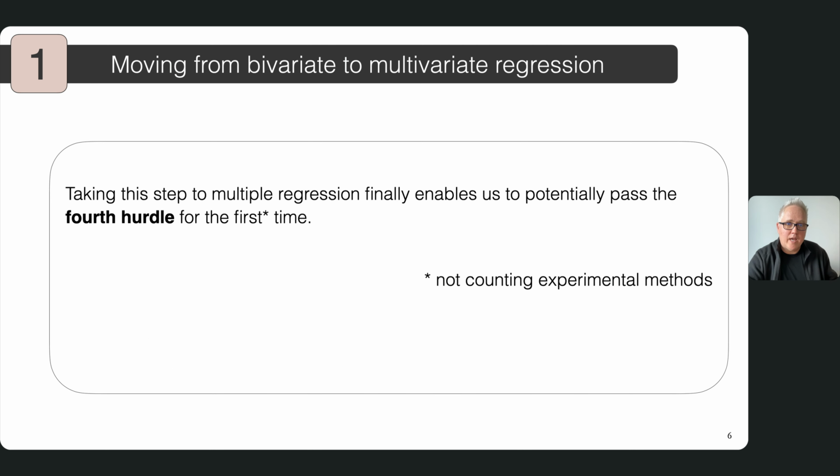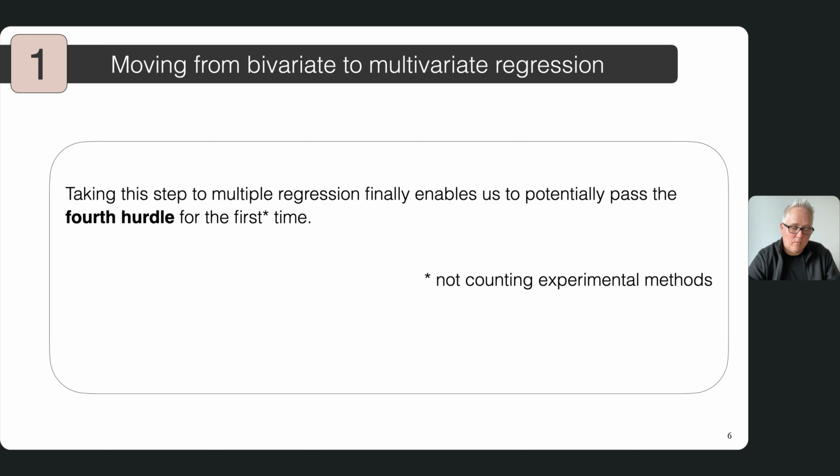Okay, so now that we have those four causal hurdles, we can finally now, 10 weeks into the course, be able to control for other potentially important factors. This will enable us to hold other things constant to really isolate the independent effect of our main x variable.